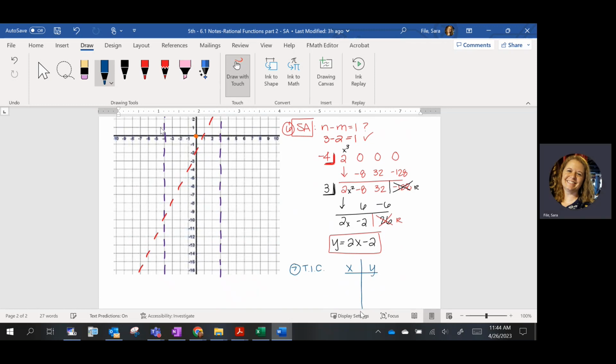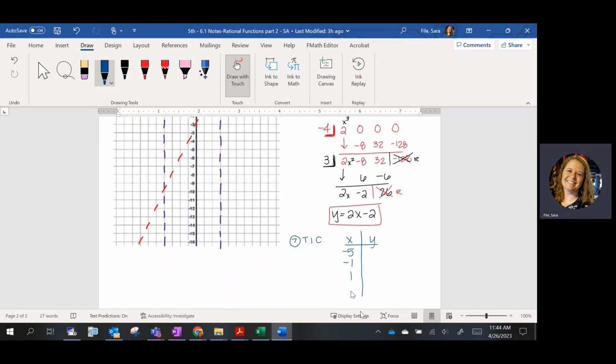All right, so to the left of this asymptote's at -4, so I'm going to test -5. Okay, and then a point between 0 and -4. So -1 is going to be the easiest one to check. And then between 0 and 3, 1 will be the easiest one to check. And then to the right of 3, 4 will be the easiest one to check.